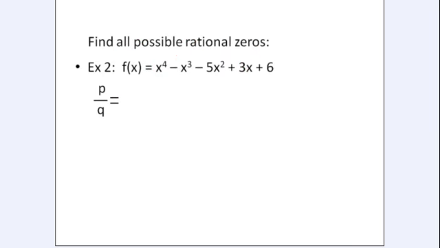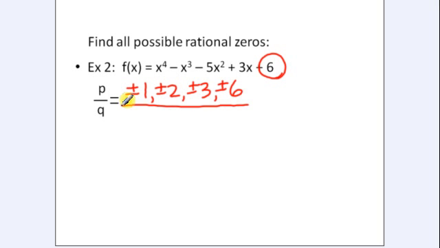Let's try another one. For this function, I want to put the factors of 6 on the numerator. That's our constant term. So I need to list all of them. So 1, 2, 3, and 6. All are factors of 6 divided by factors of the leading coefficient. Well, here the leading coefficient would just be 1 because we would have 1x to the 4th.